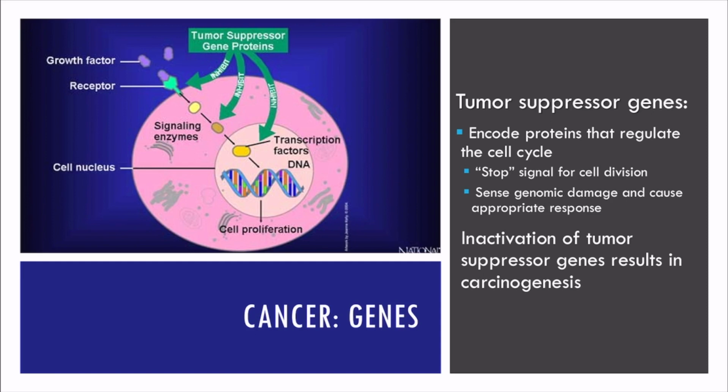So if this tumor suppressor gene is normally kind of having their brakes on any signal for cell division, the mutation turns that gene off, takes the foot off the brakes, and now there's no longer a signal telling the cell not to divide. So inactivation of a tumor suppressor gene results in carcinogenesis or cancer growth because you've turned off the stop signal for cell division.